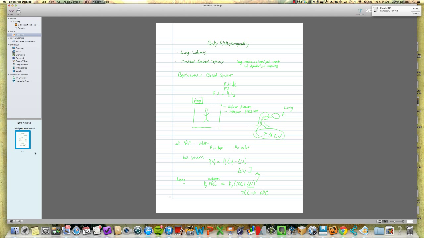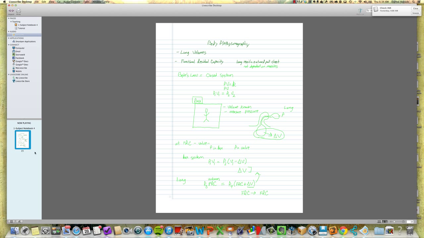The functional residual capacity is the volume of lung that is usually measured with body plethysmography because it is the volume where the forces of lung recoil are equal to the outward pull of the chest wall.